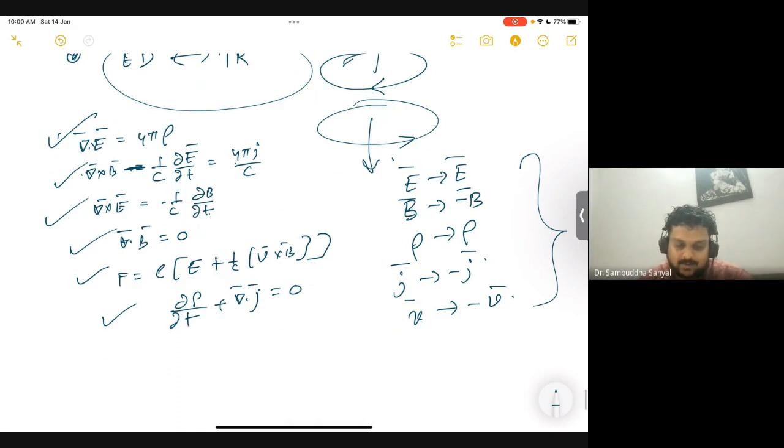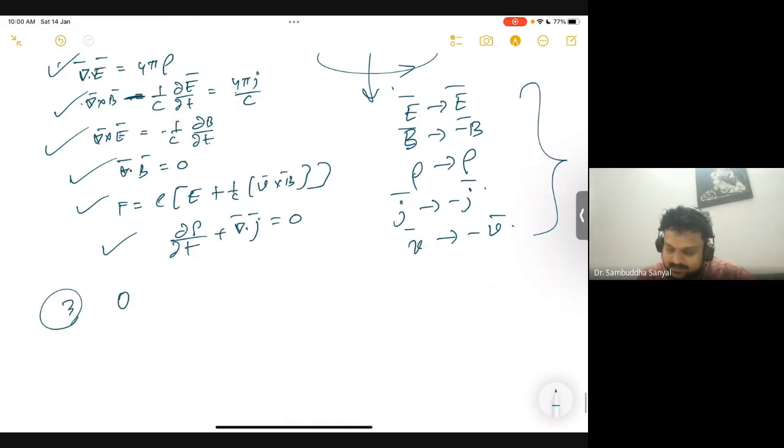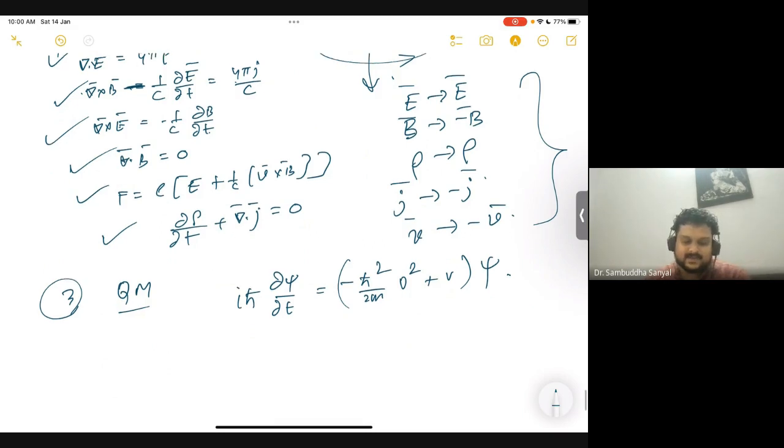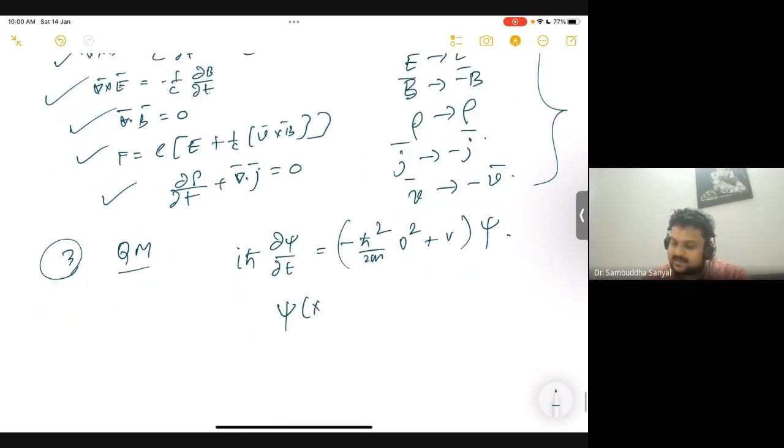Okay. Now let's say I want the same for quantum mechanics. We ask what I should do here to keep it time reversal symmetric, because I clearly see that psi(x, -t) is not a solution unless you also take i to minus i.